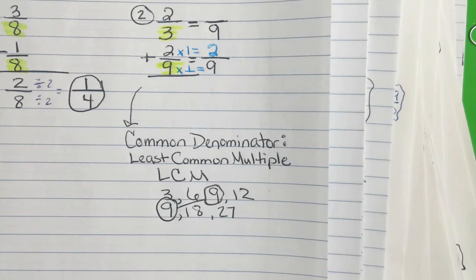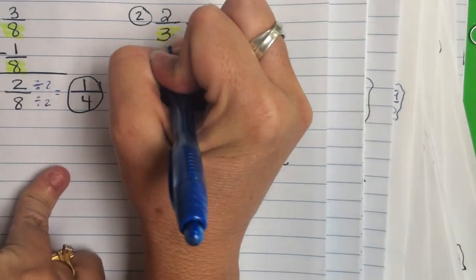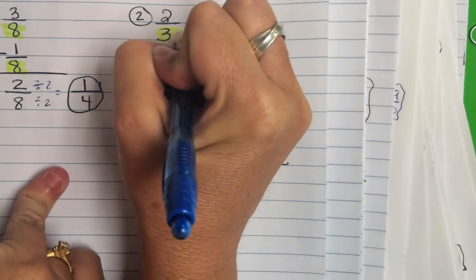Now, do you see where I got the 2 9s? Whatever I do on the bottom, listen, look at it again. Go across, like left to right, and say, okay, 9 times what is 9? Times 1. 2 times 1 is 2. Now that's easy. It's the same thing. The top one, though, changes. That's the weird part. So look, go across thinking the same thing. 3 times what is 9? 3.